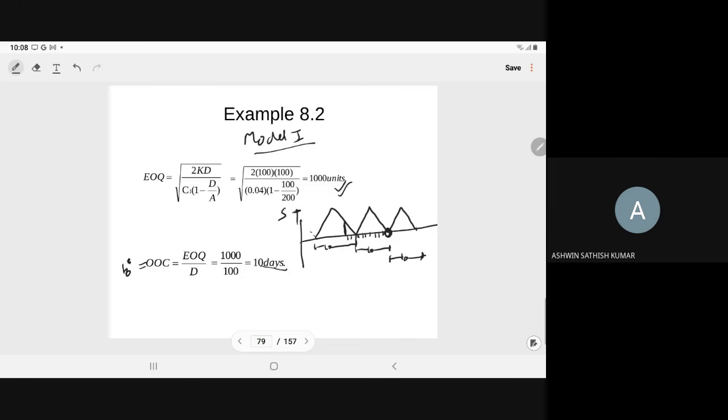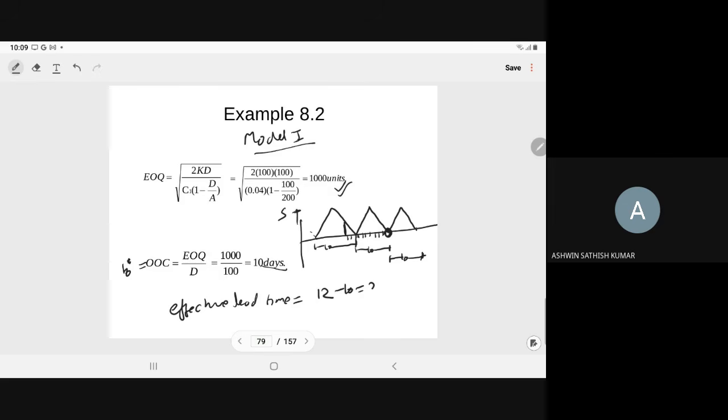Because the lead time is of 12 days, you have to make an order 12 days prior to the actual point of requirement. Clear this part? It means the effective lead time, you can say effective lead time. In this case, the effective lead time will become lead time, that is 12 minus 10.